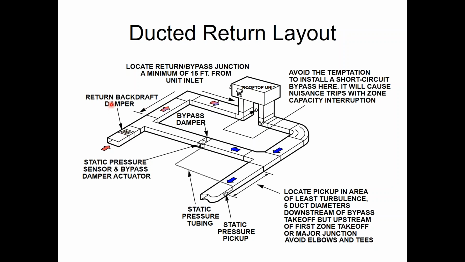In some cases, I may need to put backdraft dampers on the return. It's not common, and it's not a requirement in all cases, but sometimes we need to do that, because if I don't, depending on which zones are open and not open, I could have air from this bypass dump down on somebody. So let's say there's a bunch of zones over here and those are all closed except for the very last one that wants cooling.